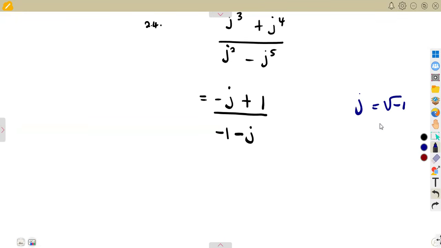So it's like you've got minus the square root of minus 1 plus 1, over minus 1 minus the square root of minus 1. What do you think of rationalizing the denominator so that we do not have the square root? In the same manner, we must make this denominator a rational term.